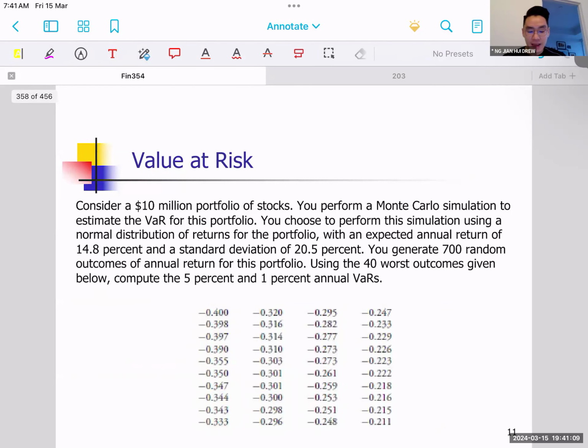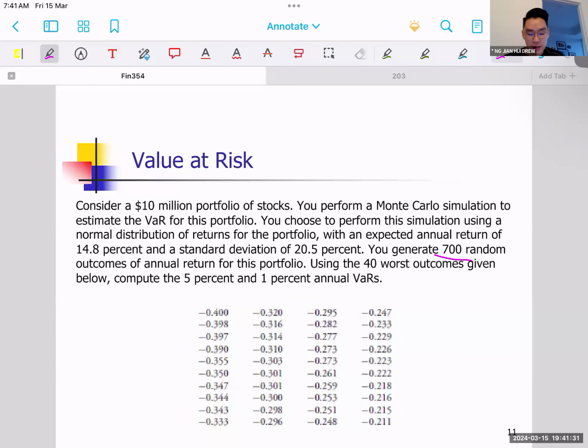Okay. So let's look at an example here. Consider a 10 million portfolio of stocks. And we have performed a Monte Carlo simulation to estimate the VaR. And like what I mentioned, the Monte Carlo simulation produces 700 random outcomes based on various probabilities.